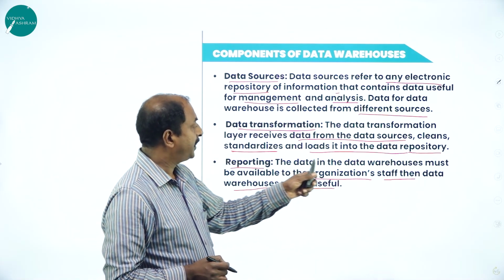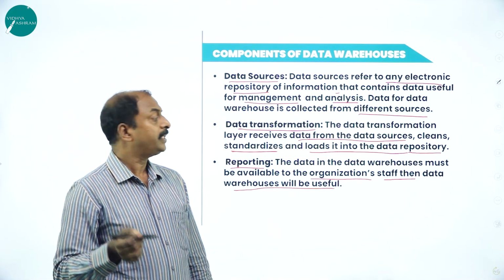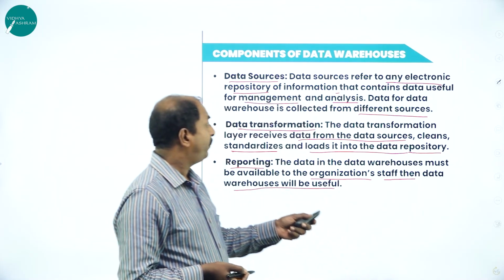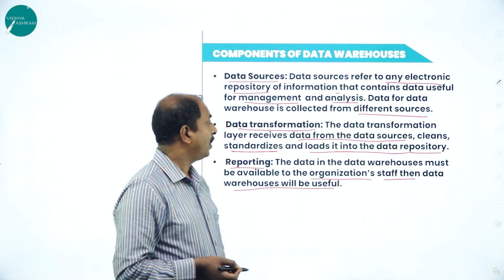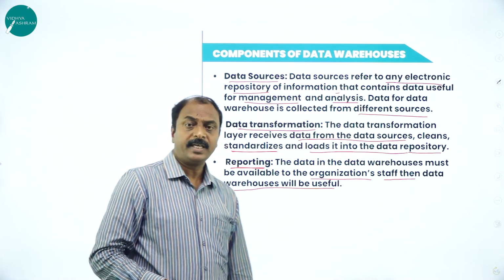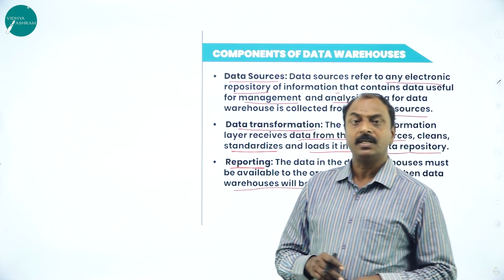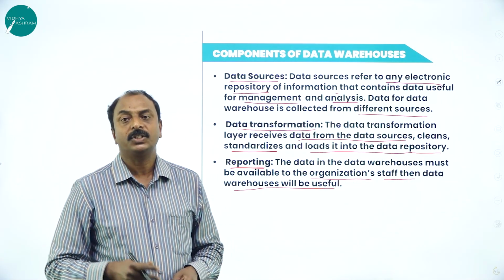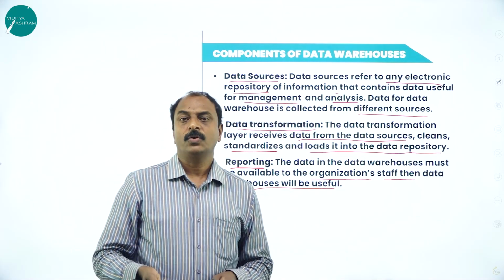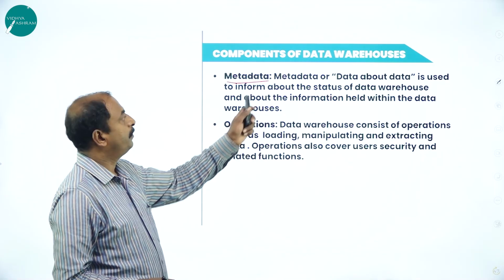Whatever data is available in the data warehouse must be available to the staff or employees of any organization for different types of reporting, different views, different reports. Those data must be useful to the different staff to generate different types of reports for data analysis. So this is reporting.